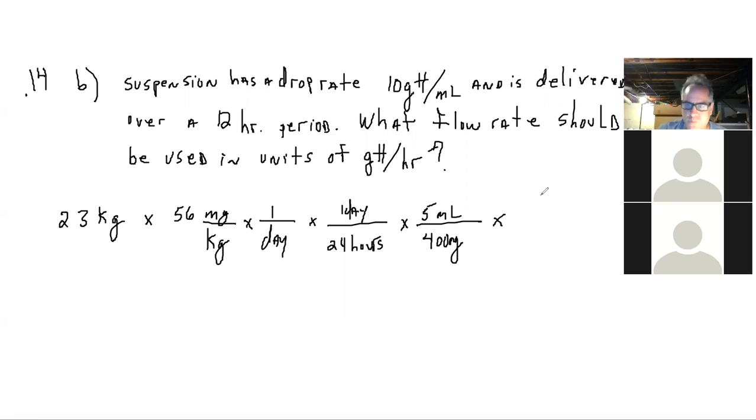That is the rate at which the drips are coming out. And that was the 10 GTT per milliliter. Now, just looking to see our milliliters, our milligrams, day. And what am I left with? And what am I trying to get to? The GTT per hour. Okay, also the kilograms. But that is what I'm left with, GTT per hour.